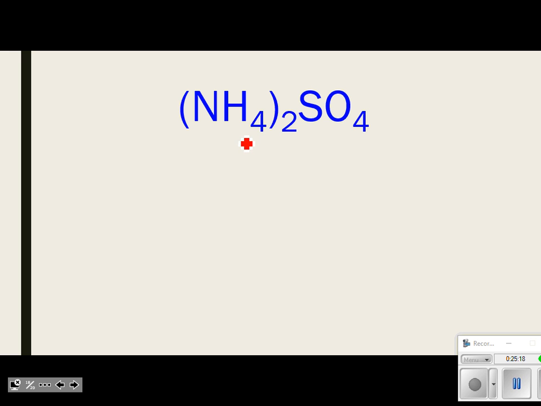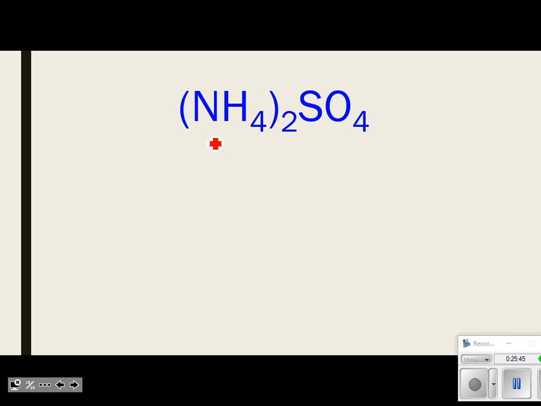Look at this guy right here where this little red dot is. NH4. I want you to find him on your PAL. Can you find him? It's the very top one on the left, the very first one you see. This is ammonium.